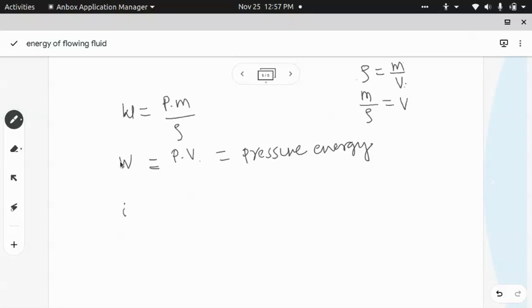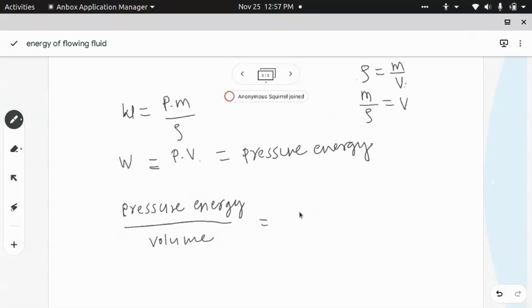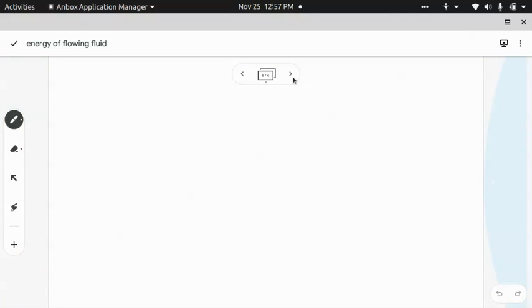So pressure energy per unit volume will be equal to P into V divided by V. So you will get simply P, means pressure energy per unit volume will be equal to P, that is only the amount of pressure. Okay, let us move towards the final and next slide.